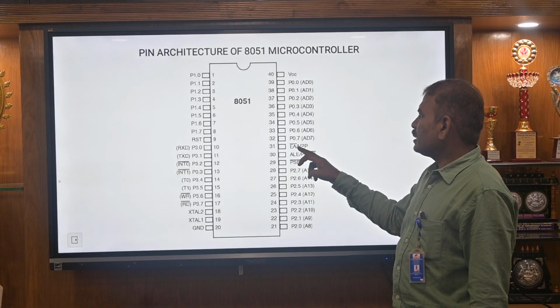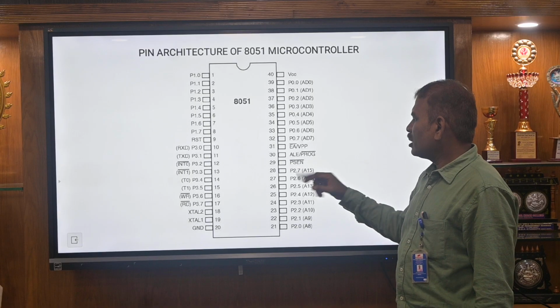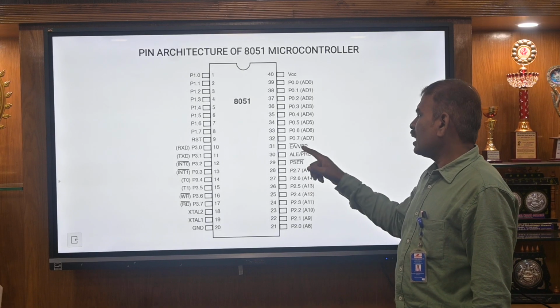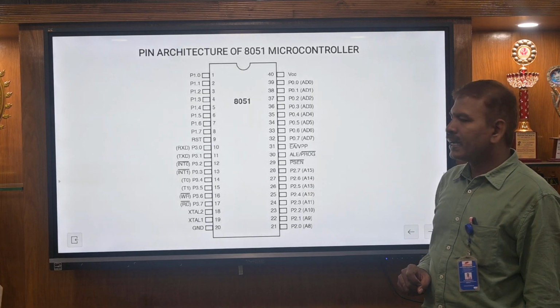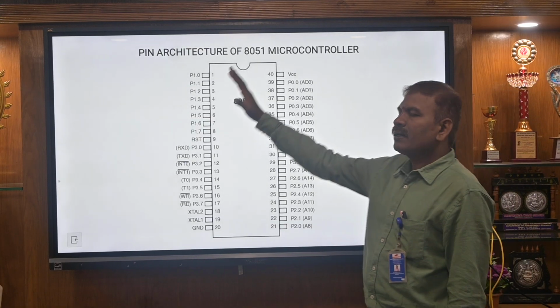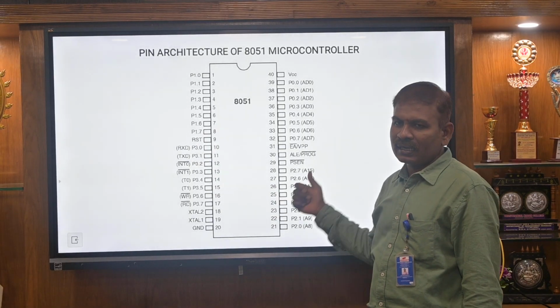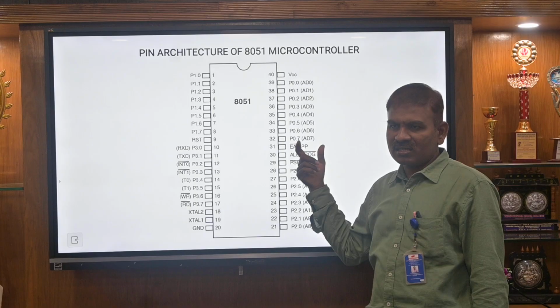And then here address latch enable, and then PSEN, and then EA are pins 29, 30, 31 that we have in the pin. So total pins are 40. Addressing we are taking for higher order address and lower order, 16 in total.